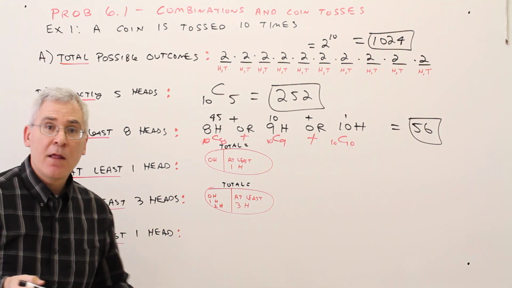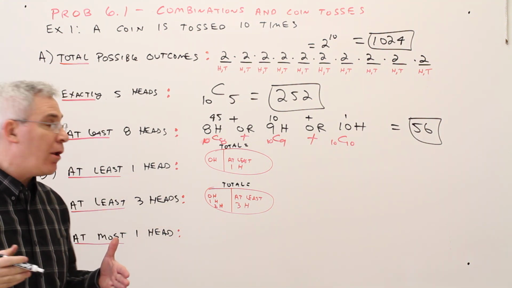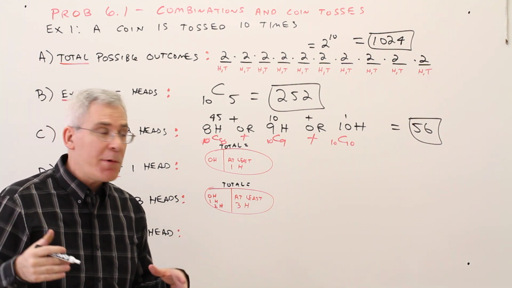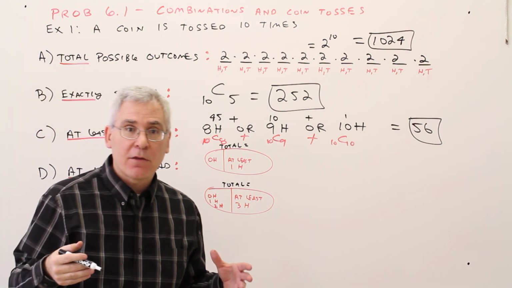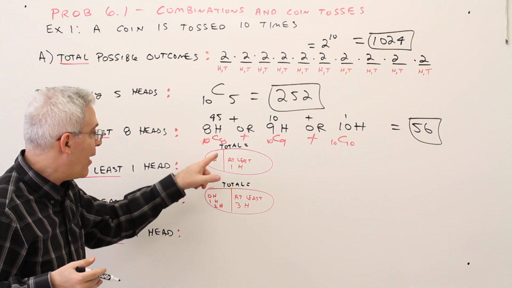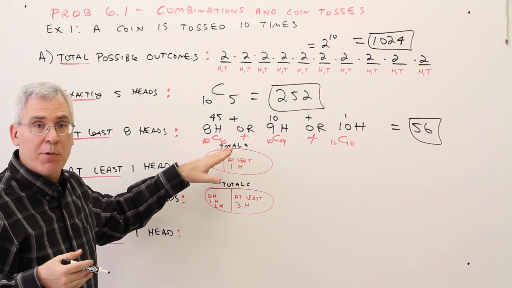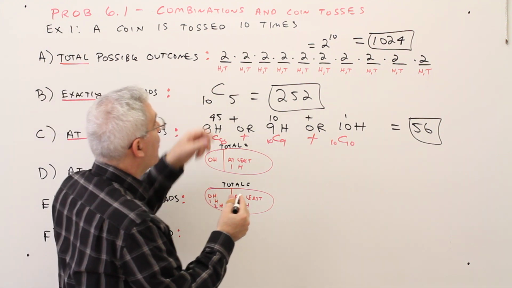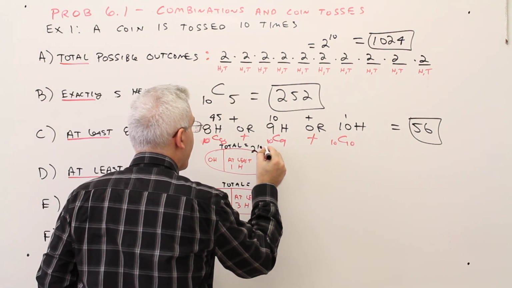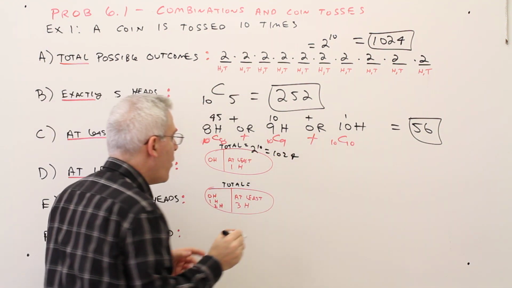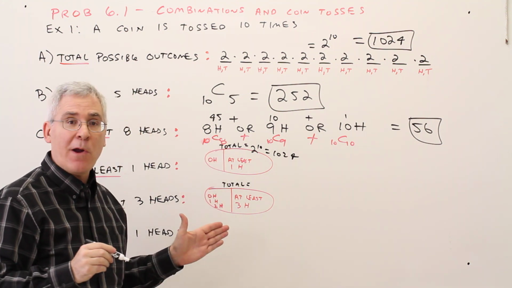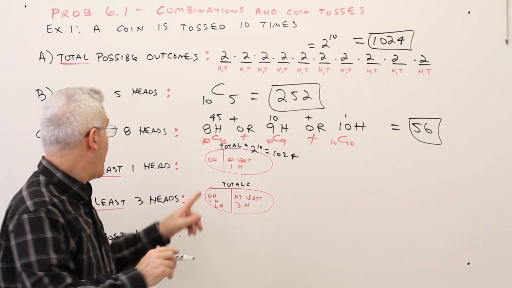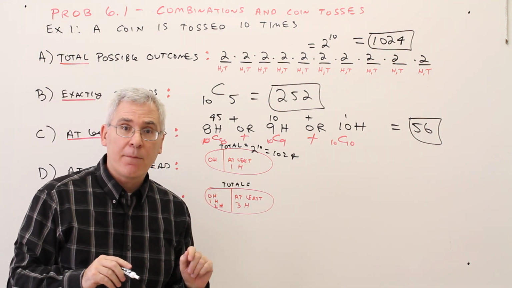Okay, D. This one's going to be a recurring theme in this probability unit: at least 1. Whenever we say at least one of an object, we can draw a little set here. We've done this before. The total number of ways was 2 to the 10th, equals 1,024, and I can split it up into 2 partitions: the ways with no heads, or the ways with at least 1 head.